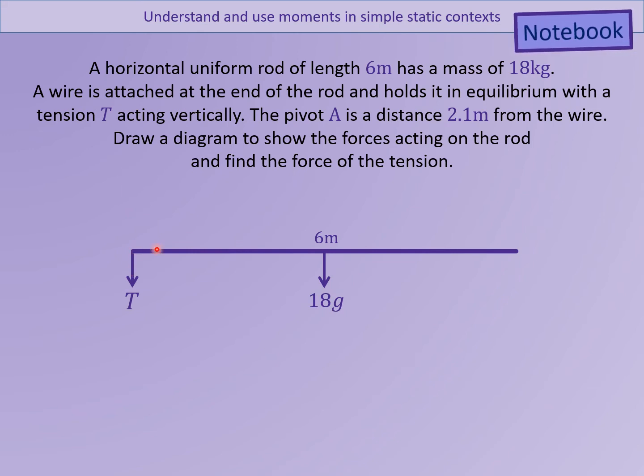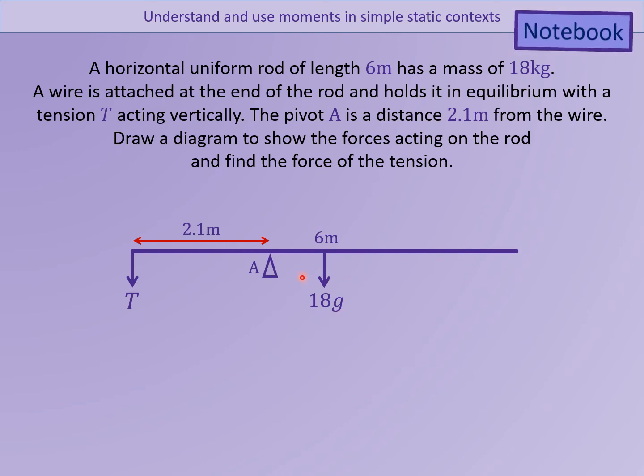But the problem is the distance is 2.1 meters from the wire. So you might have wanted to put that in first and said, look, I know the wire comes from there. This is 2.1 meters. Now forget the tension in the wire. What would happen if I just had this rod balanced to that point? Well, because there's more of the rod on this side, it would start to move around this way.